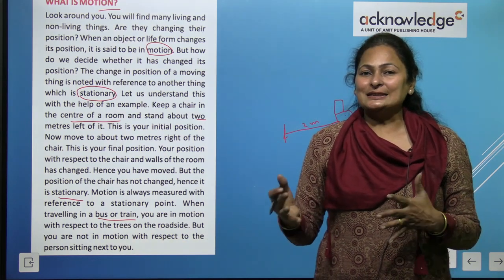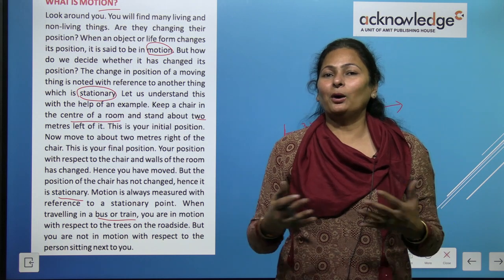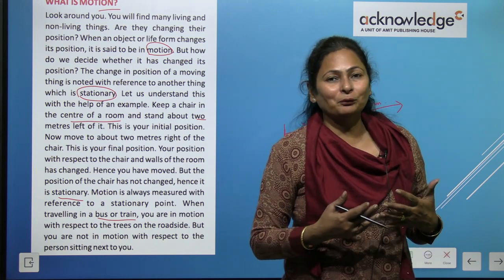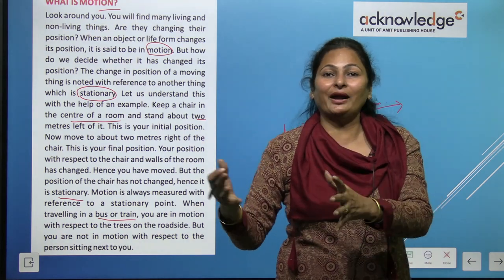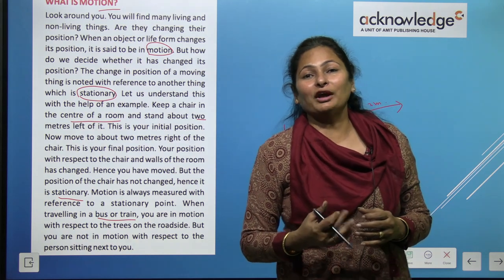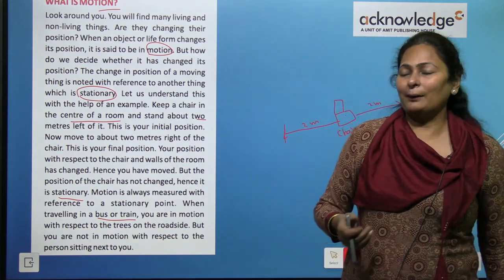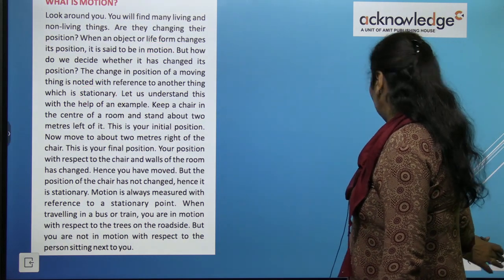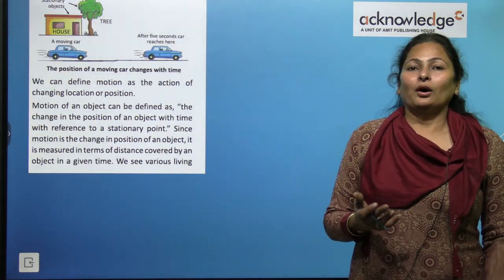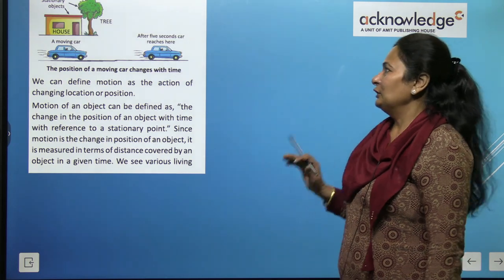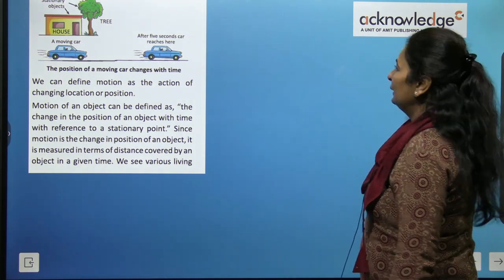All are stationary because we all are not moving. This is the train which is moving from one place to another, right? So we should always compare it with other objects.